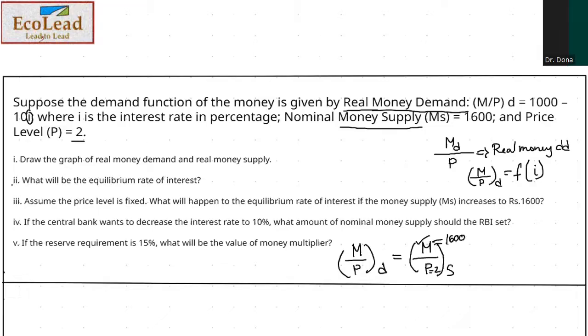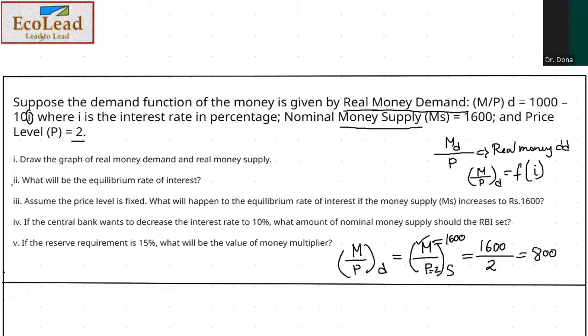So at the basic level, this real money supply will be nothing but 1600 divided by the price level, which is 2, and if we divide 1600 by 2 the value will be 800. So this will be the real money supply at the initial level.